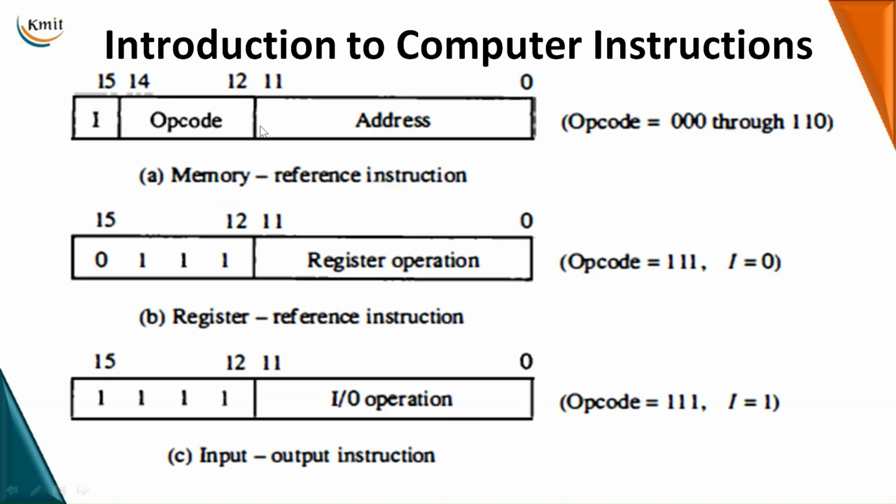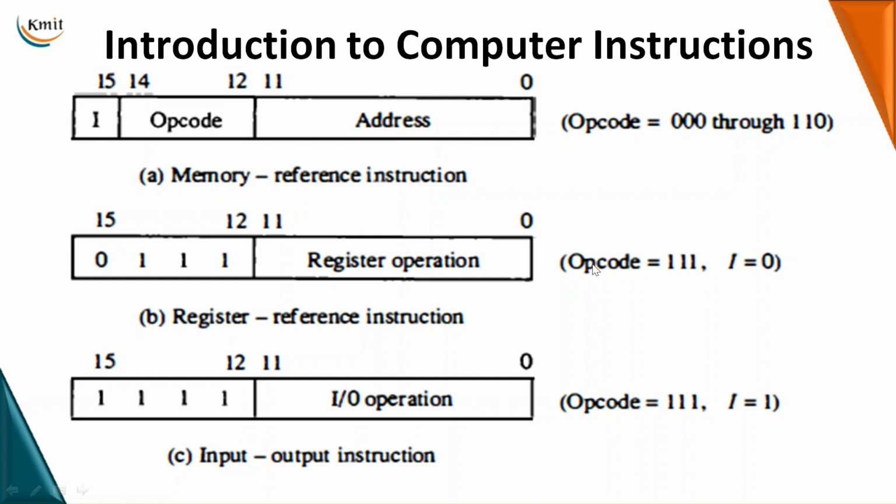If the decoder output is from 000 to 110, which means 000, 001, 010, 011, 100, 101, 110, that is, decoder outputs D0 to D6, those instructions are called memory reference instructions, irrespective of the I bit, whether it is 0 or 1. For both cases, they are memory reference instructions.